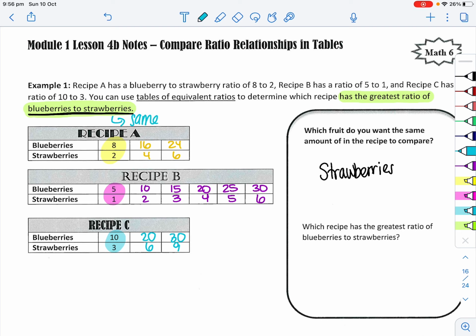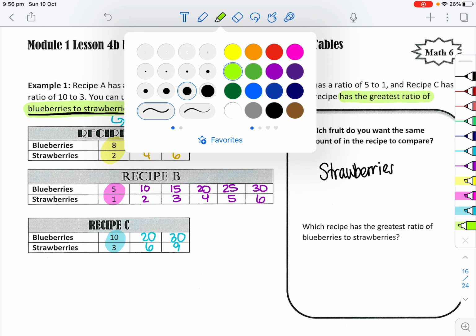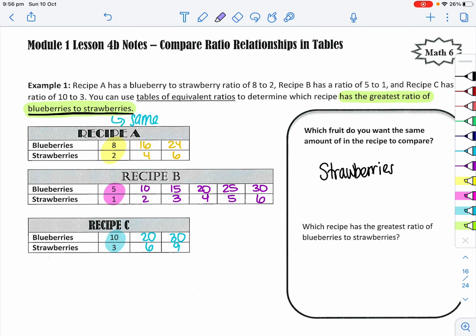So as I'm looking at these 3 tables, I want to know where strawberries is the same. And in all 3 of these tables, strawberries is the same in a different place. So here it's at the end, 24 and 6. Here it's also at the end, 30 and 6.